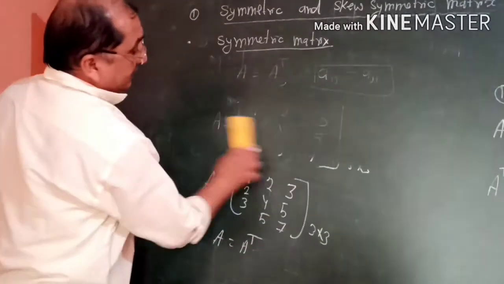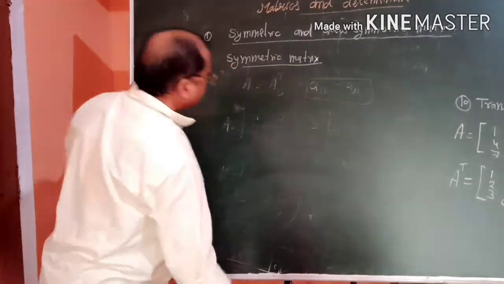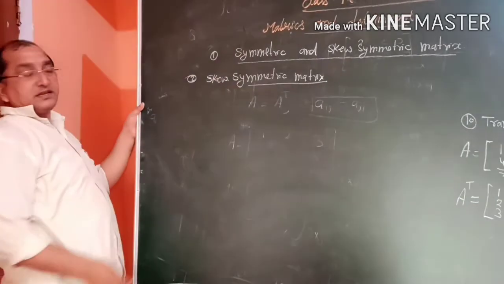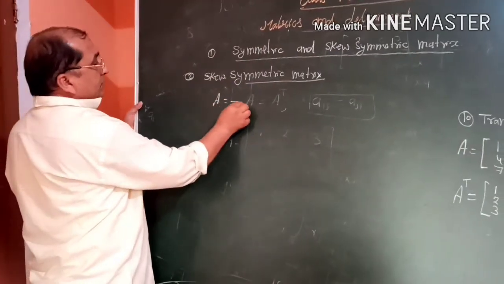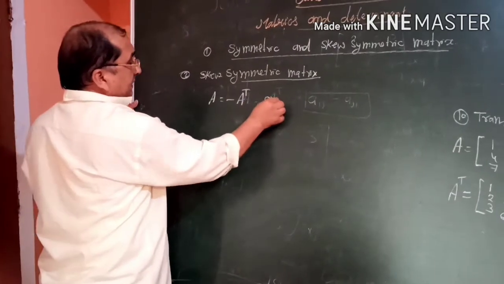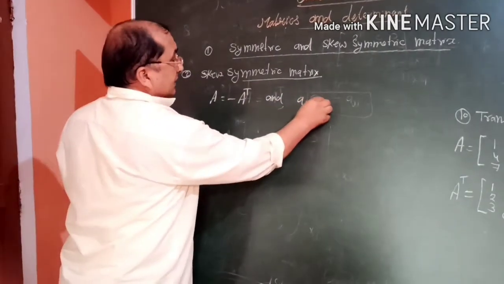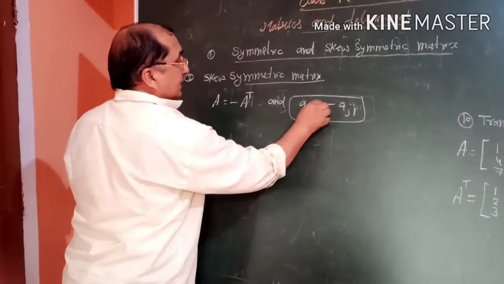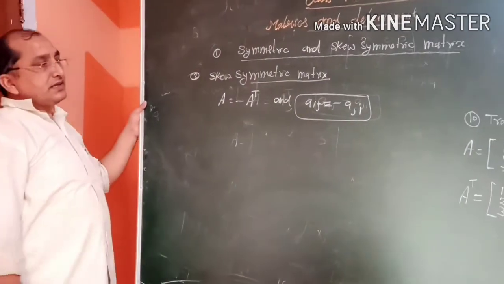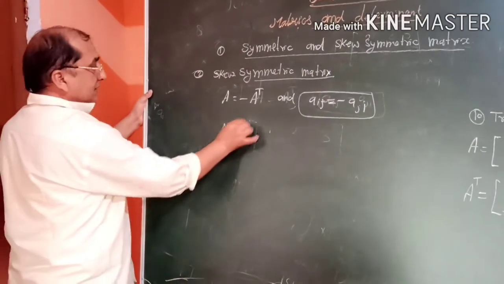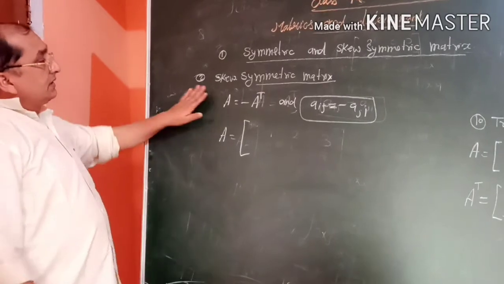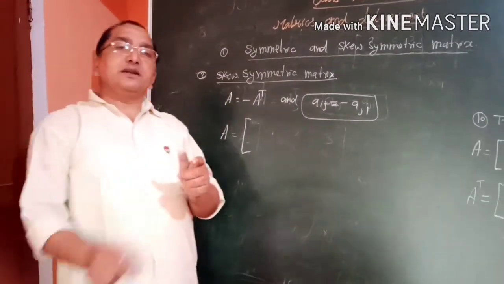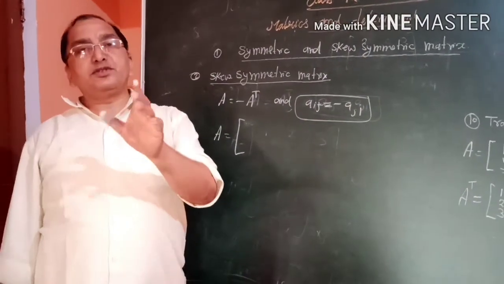Now come to the next one, the skew-symmetric matrix, in which A equals minus AT and Aij equals minus Aji. This is the main thing. In a skew-symmetric matrix, keep in mind, the principal diagonal elements will be 0, 0, 0.